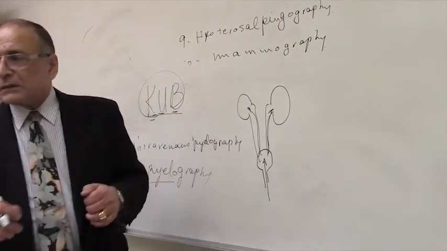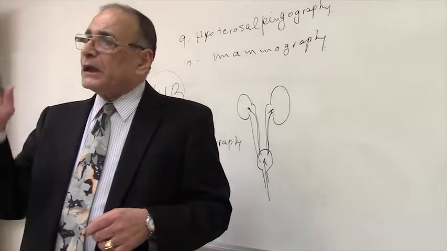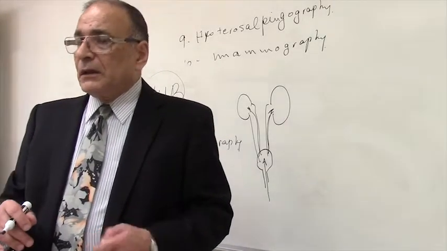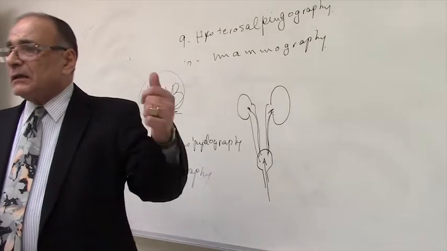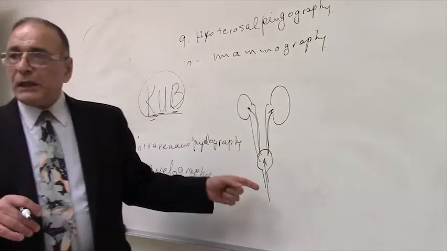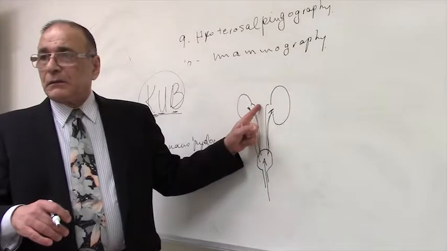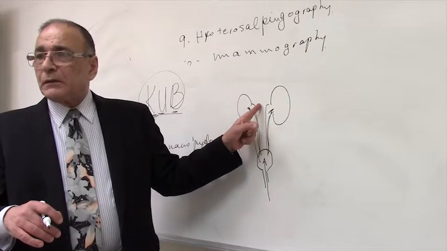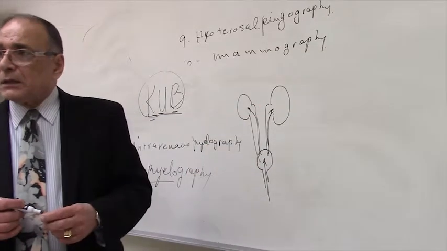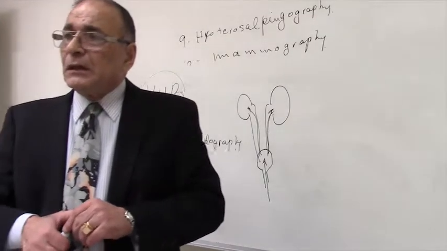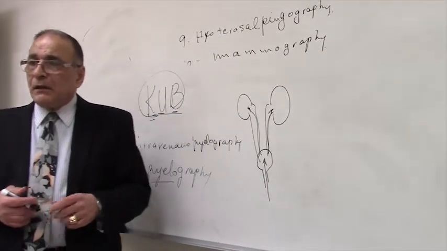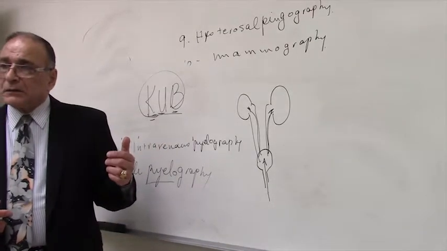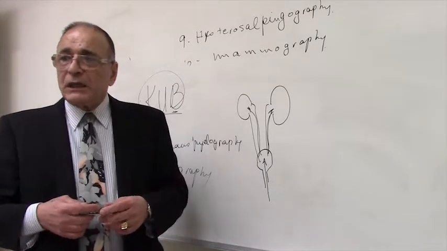Fill all this with the iodine compound and you take the X-ray. This is called retrograde or ascending pyelography. Retrograde means the opposite way. So it could be intravenous or retrograde to visualize KUB, kidney, ureter, and bladder. Okay. We have a problem with the iodine compound.